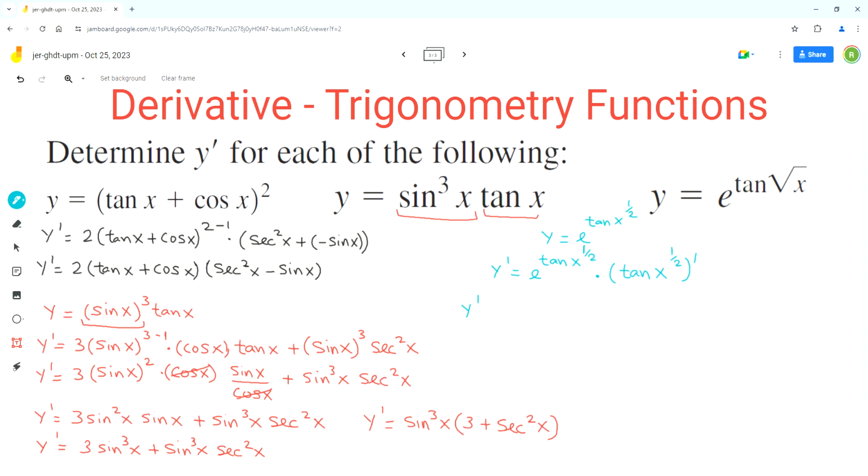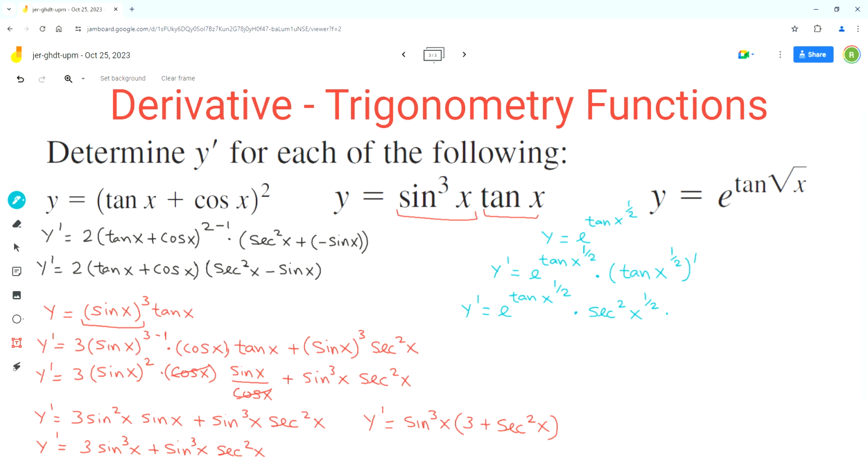In the next step, we can use the chain rule again. The e term will stay as it is. Now we'll start with the derivative of the outer function, which is tan, and the derivative of tan is secant squared, times the derivative of the inner function, which is x to the power half, and for that we'll have to use the power rule.